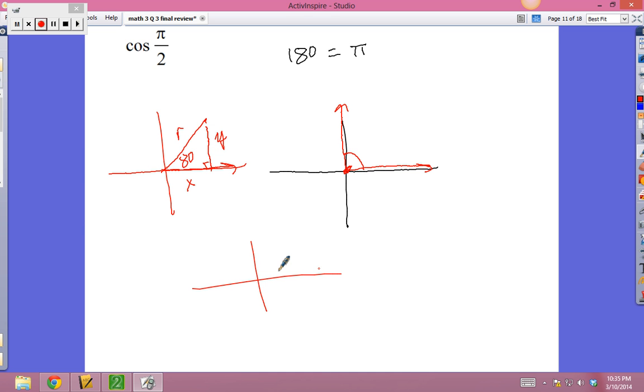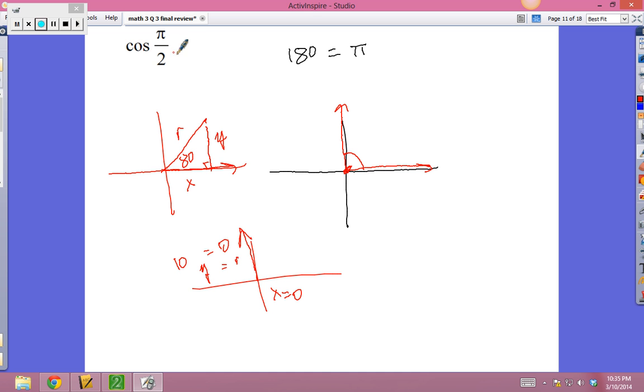So if I open this up, I land it right on 90, my r is going to equal my y, but my x is going to be 0. And r and y can be any dimensions you want. It could be 10. They don't matter.